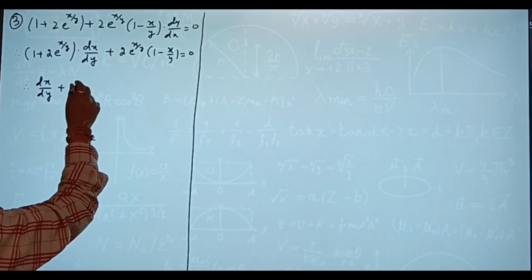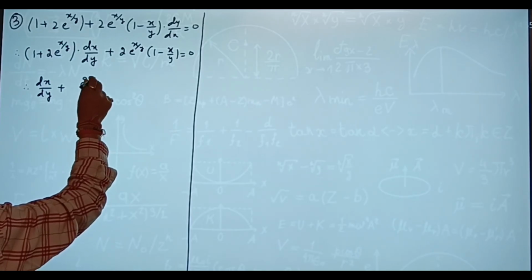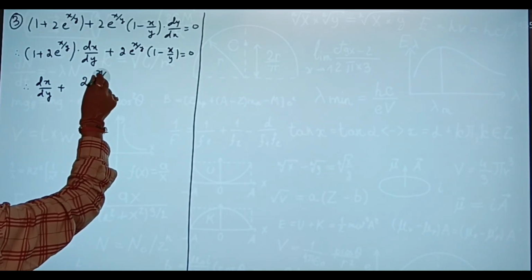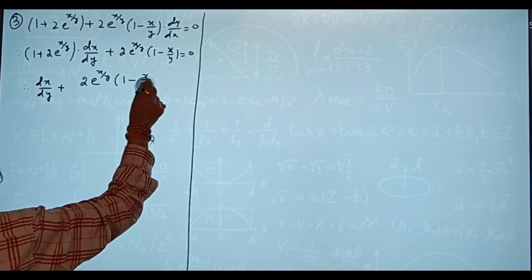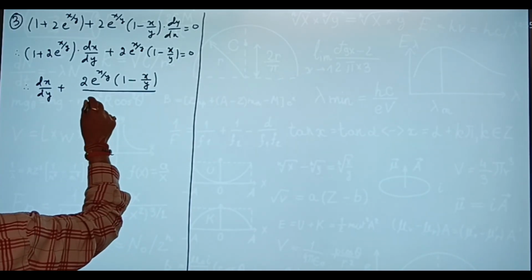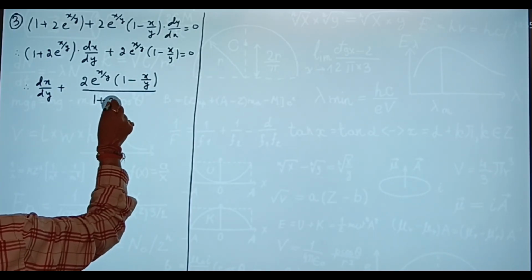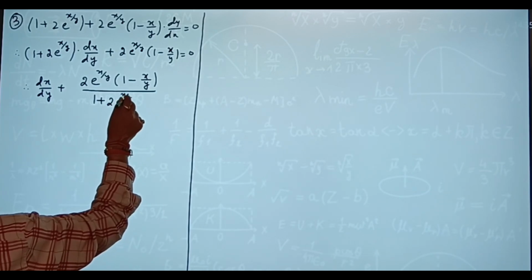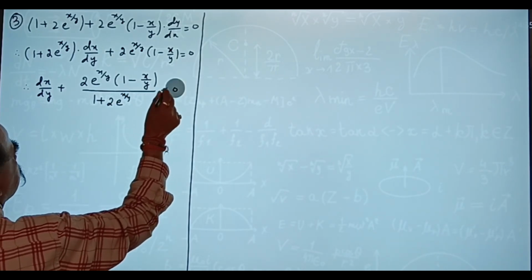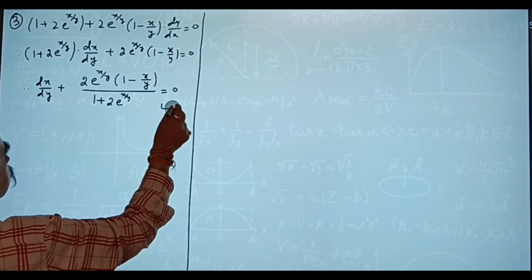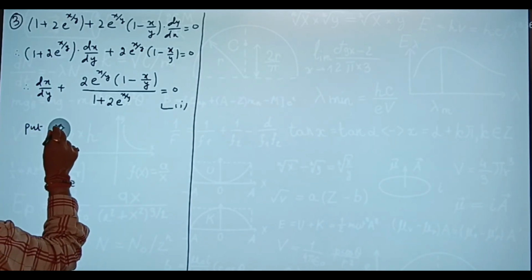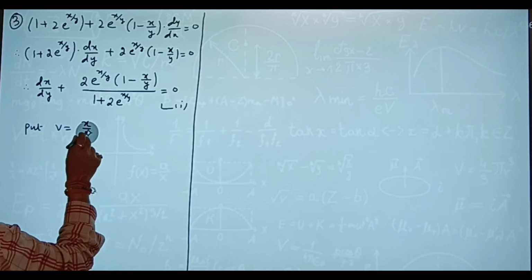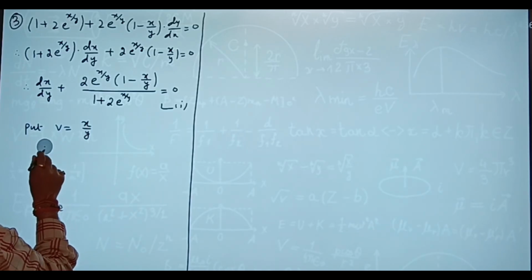So dx by dy plus 2 e raised to x by y into (1 minus x by y) upon (1 plus 2 e raised to x by y) is equal to 0. This is equation number 1. Put v is equal to x upon y. So x is what?